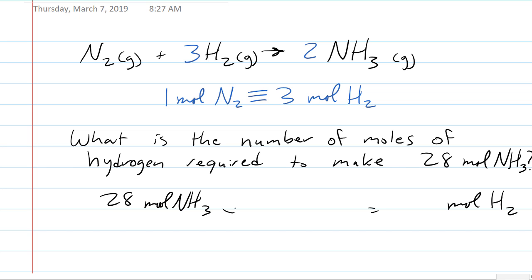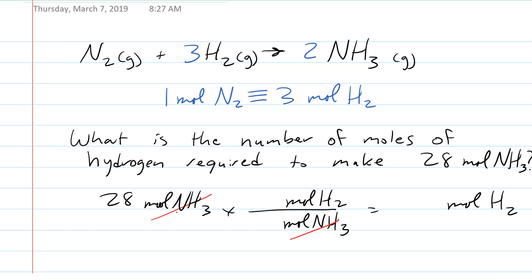So now that we have this, we're going to place a conversion factor in here, and this conversion factor is going to be called a molar ratio. On the bottom, we'd put which units? Moles of NH3, and on the top, moles of hydrogen. And again, we picked these out. This isn't accidental. We picked these out because we want moles of NH3 to cancel out. We want moles of H2 in the answer.